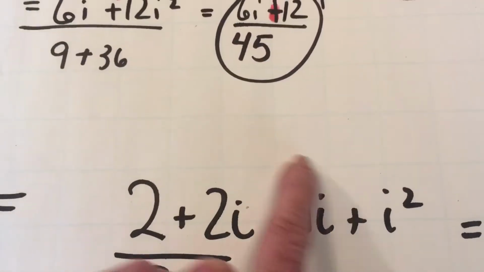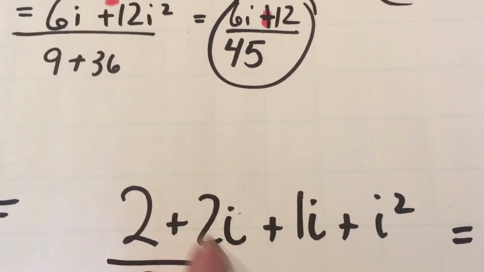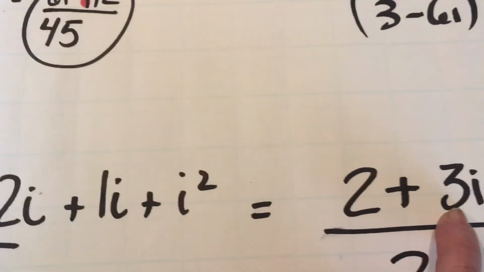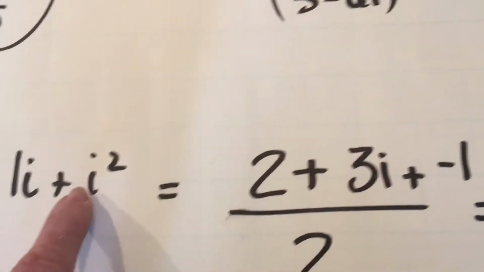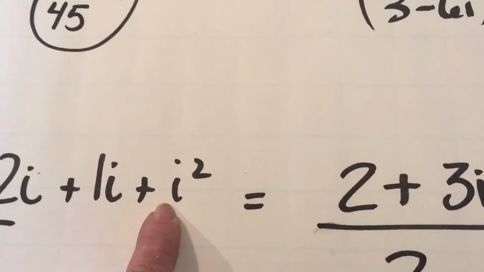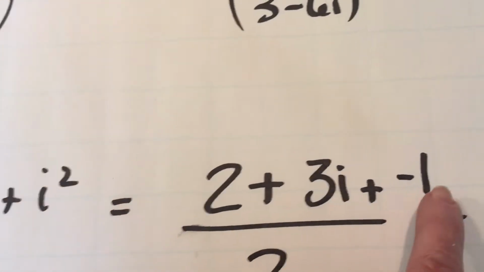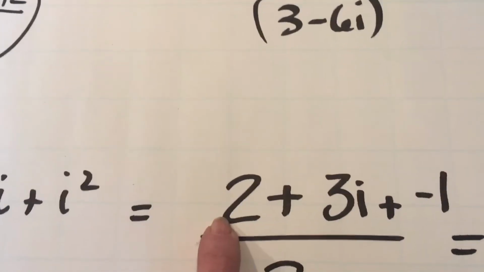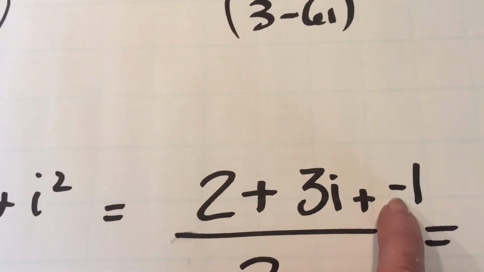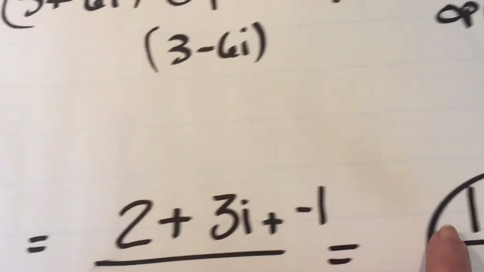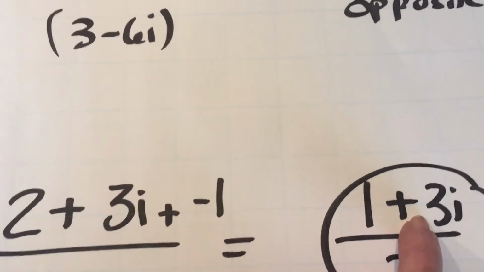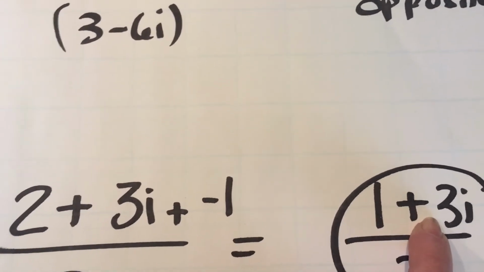Okay, so when we combine our 2i and i, we have 3i. And i squared is the same thing as negative 1, so we rewrite that as negative 1. We have 2 plus 3i minus 1, which will give me 1 plus 3i for a numerator.